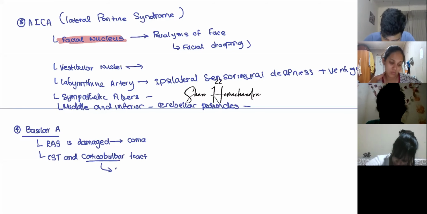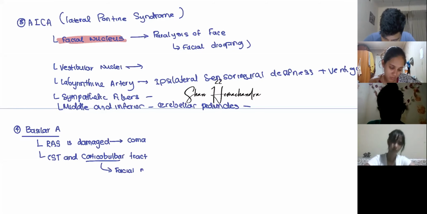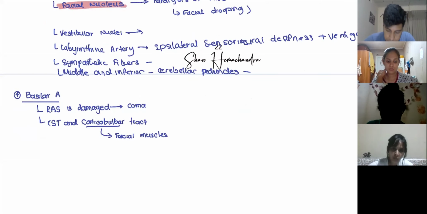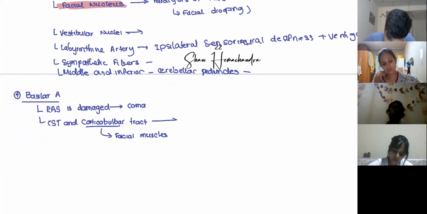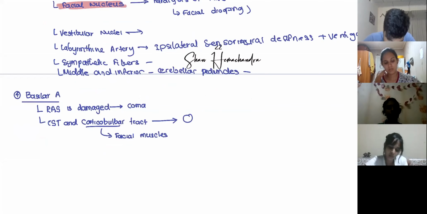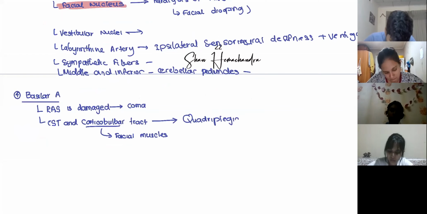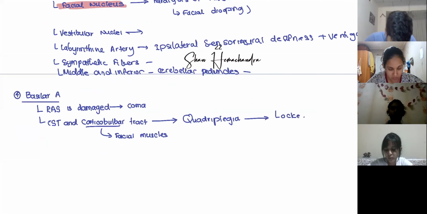Corticobulbar is facial muscles. It's basically the corticospinal tract related to facial muscles. So if this is damaged, it can lead to quadriplegia. This is called locked in syndrome.